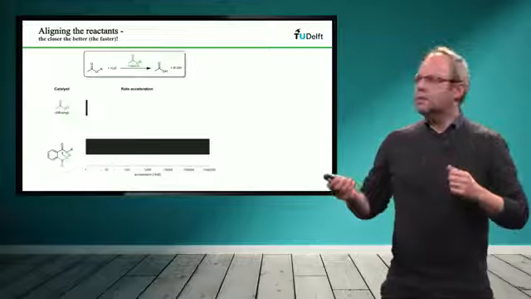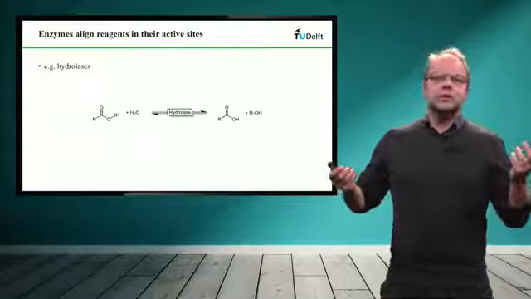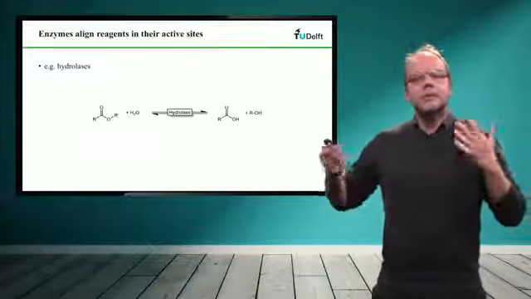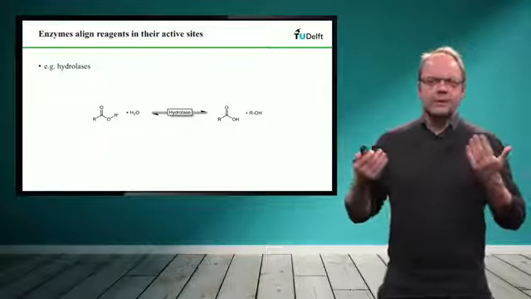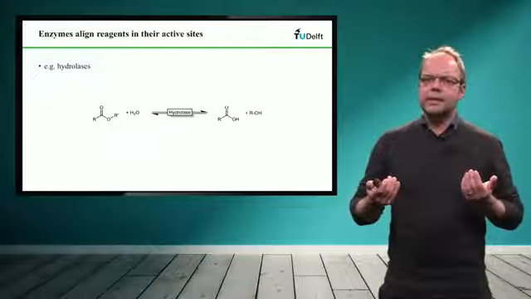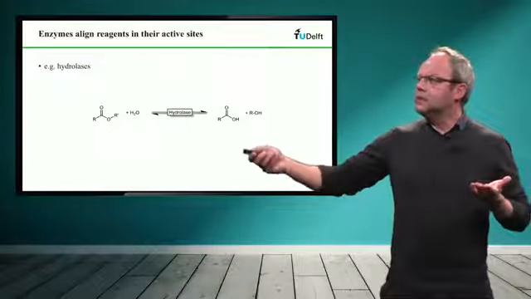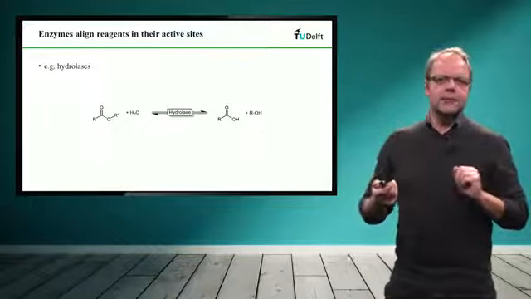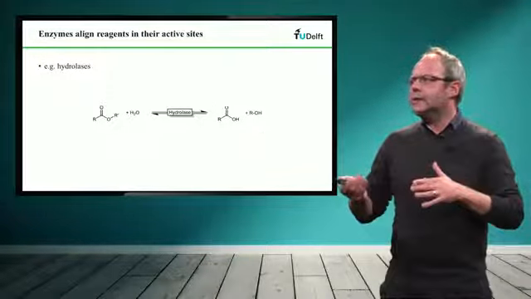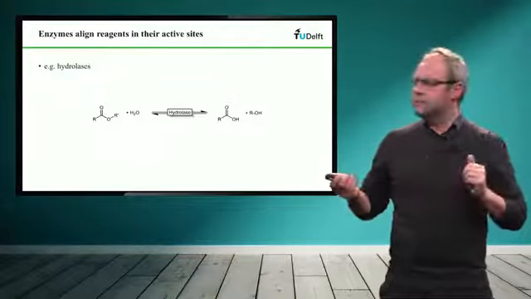And I want to discuss with you the example of the so-called serine hydrolases, simply because these enzymes have been investigated in great detail already some decades ago. So what these enzymes do is they basically catalyze the same reaction that we have discussed before. They hydrolyze esters into acids and alcohols.